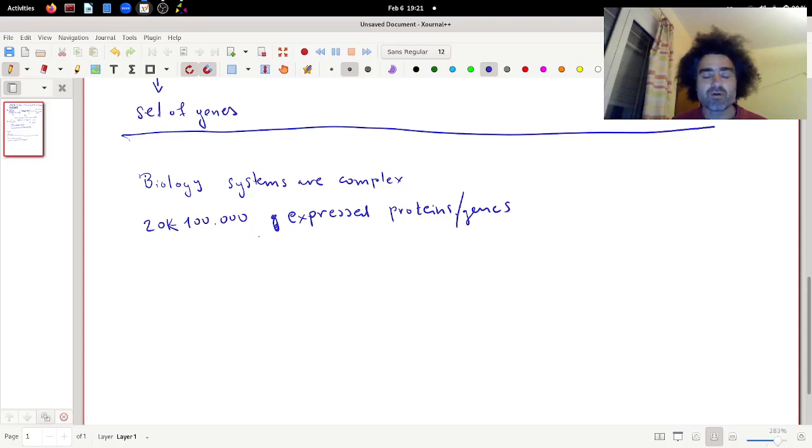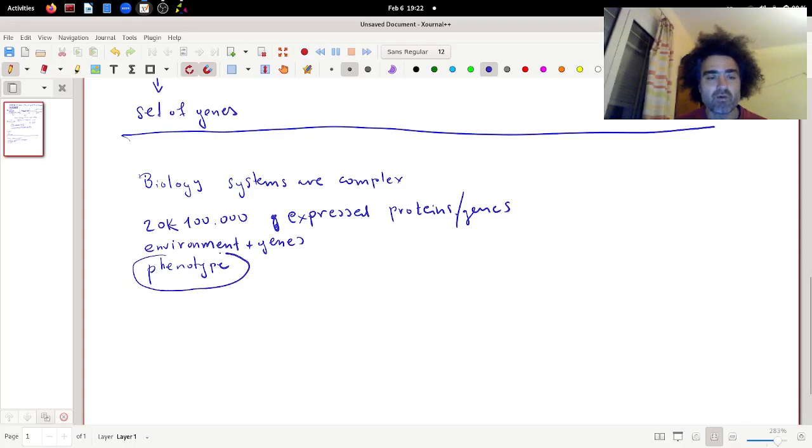The expression or not of this protein set here defines what we call a phenotype. So the expression of these proteins or genes together with the environment, so here environment plus the proteins or genes, defines what we call a phenotype, which is exactly how we look like.